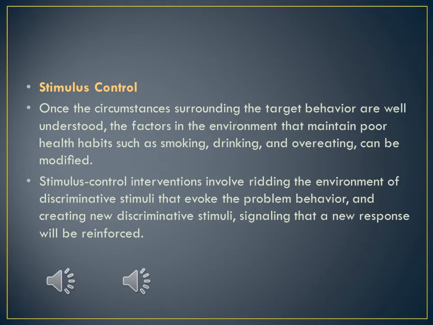The other factor in the cognitive behavioral approach is stimulus control. Once the circumstances surrounding the target behavior are well understood, the factors in the environment that maintain poor health habits, such as smoking, drinking and overeating, can be modified.